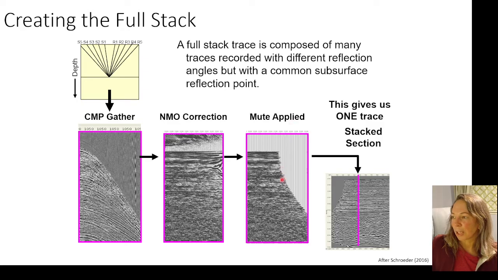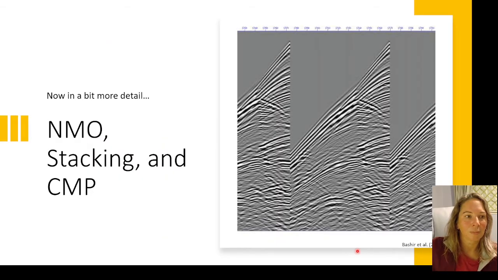Then we often apply a mute to the data at further offsets, where it's noisier and not giving us good information. We then sum all of this together, and that gives us that one single trace for that pink line. So a lot of information goes into just one seismic trace, one seismic wiggle.